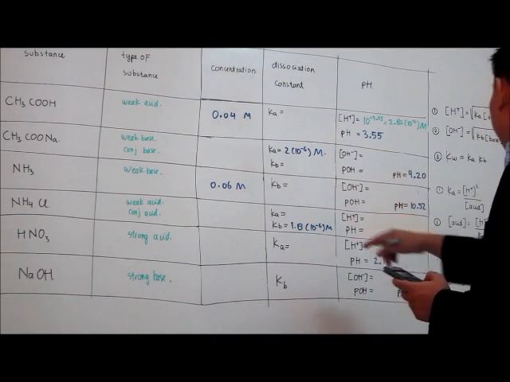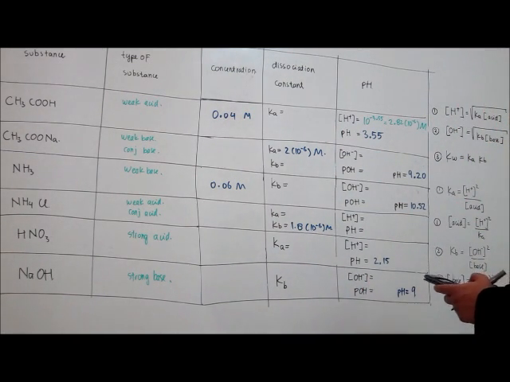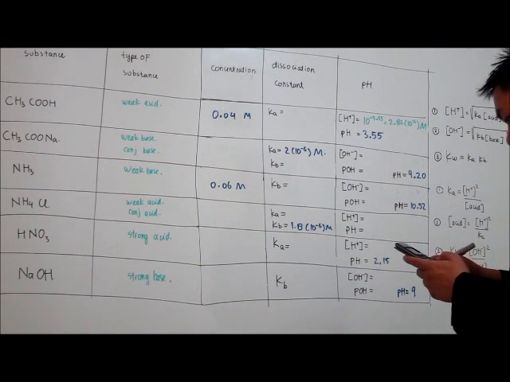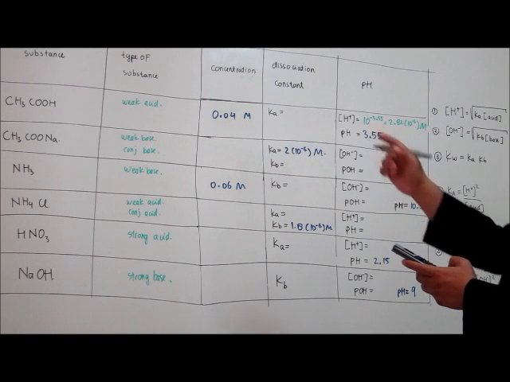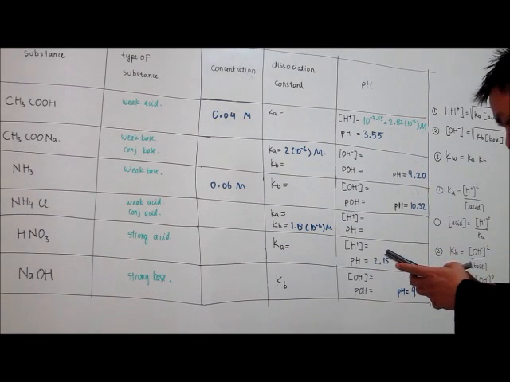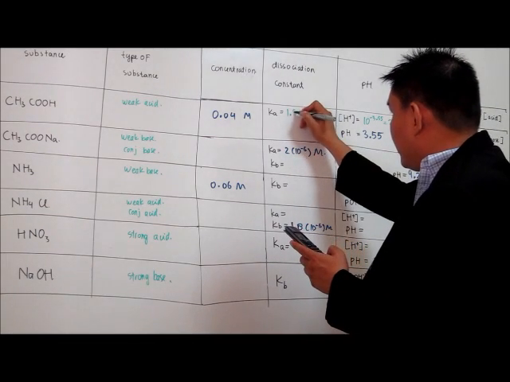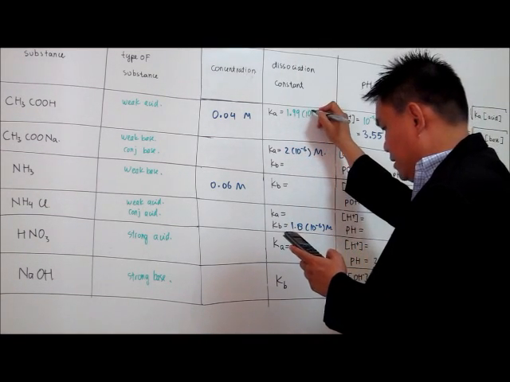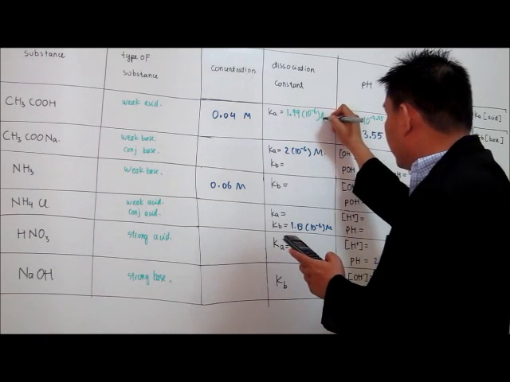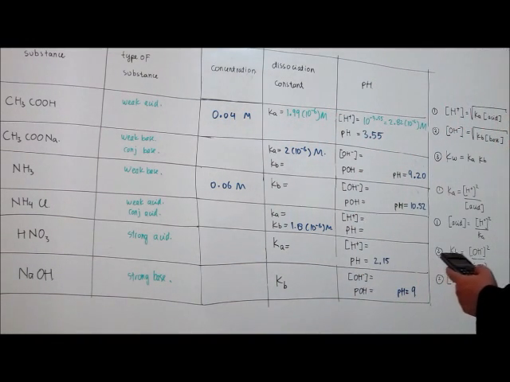So Ka, using formula number 1, we must square that number, then divide by the concentration of the weak acid, which is 0.04 given in the question. So we get 1.99 times 10 power negative 6 mole per dm cube.